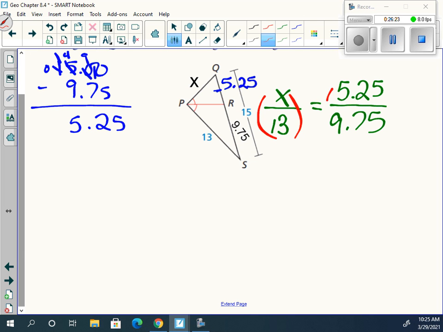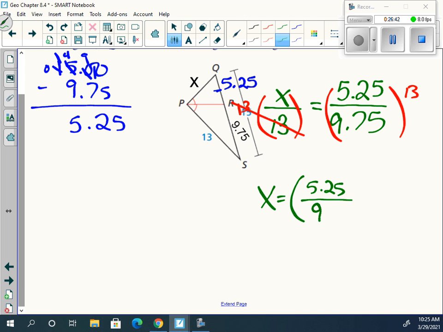Any questions on this here before we move on to the next part? Okay, so we're going to multiply both sides by 13, because here the 13 and 13 would cancel, giving us x is equal to 5.25 over 9.75 times 13.